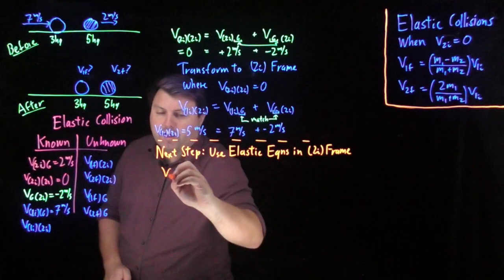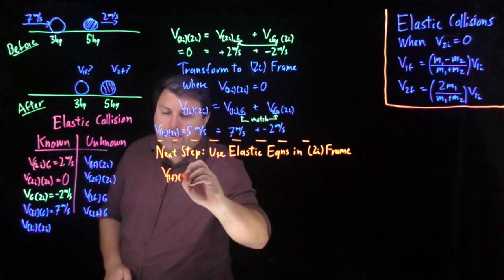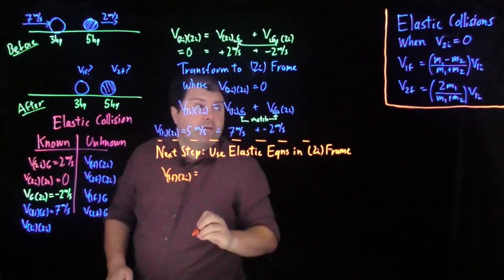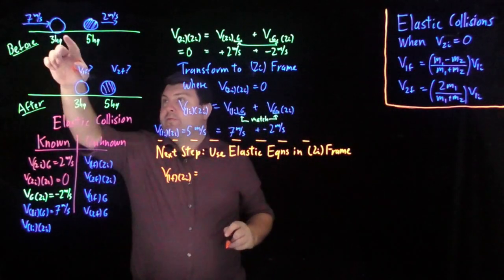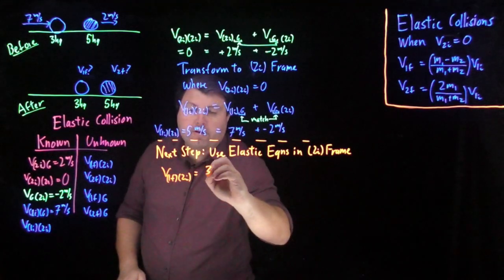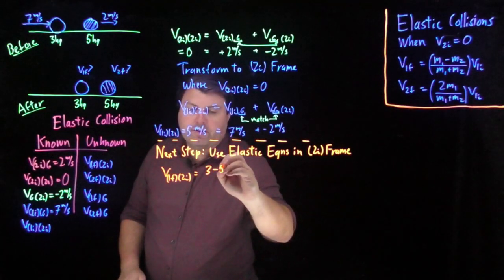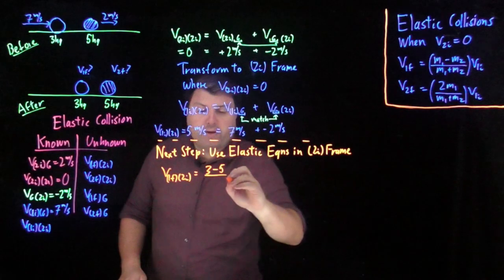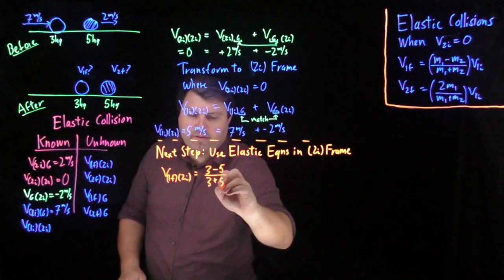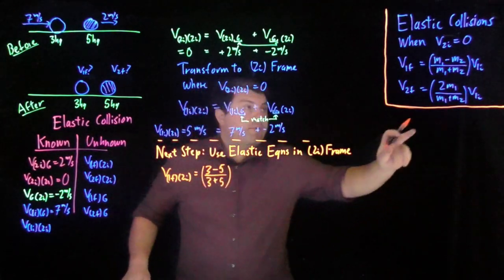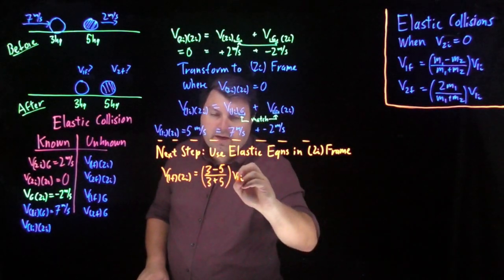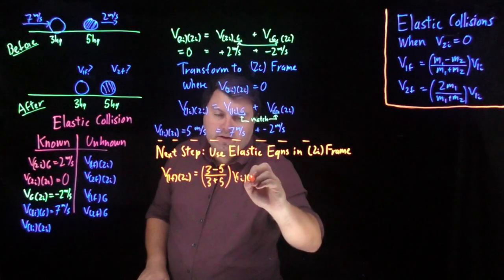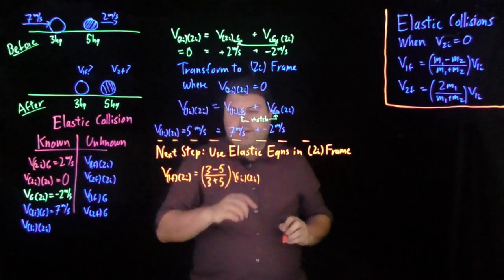So the velocity of 1f in the 2i frame is mass 1 minus mass 2, where mass 1 is 3 kilograms and mass 2 is 5 kilograms, over mass 1 plus mass 2, 3 plus 5, times the velocity of 1i in the 2i frame, because everything is in the 2i frame.